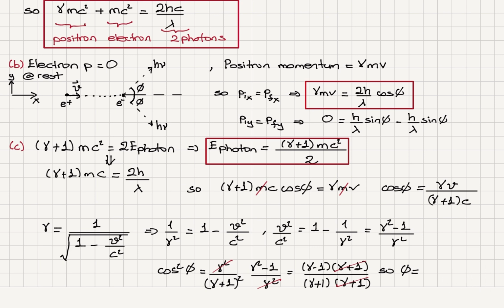Phi is equal to cosine inverse of gamma minus 1 over gamma plus 1, square root.